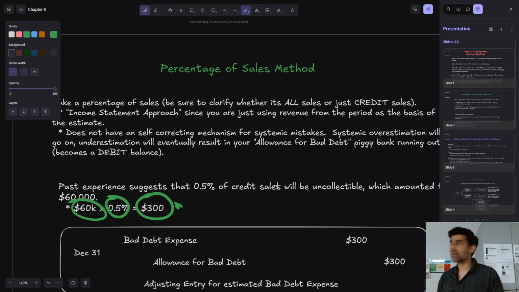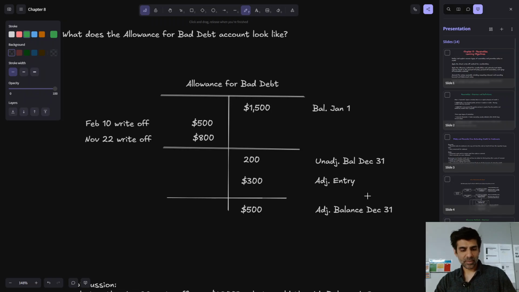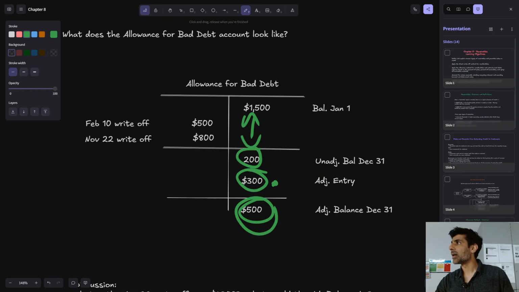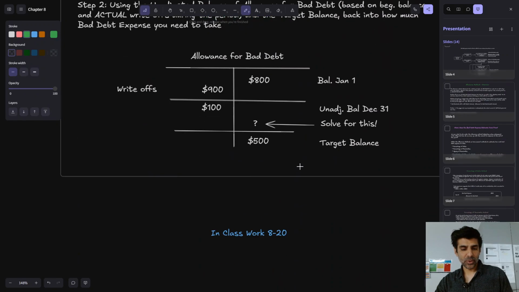Now what I'm saying is no. In this case, the balance was a byproduct of this adjusting entry and all the stuff that happened in the past. Now we start by saying what this should be and then back into this adjusting entry amount. So this is a fundamental difference.